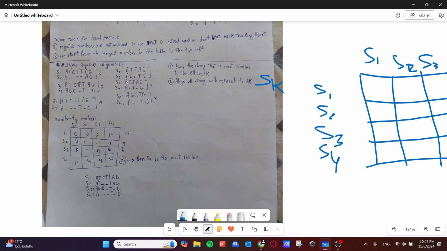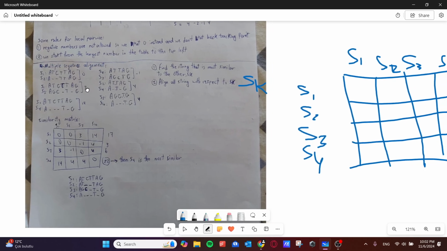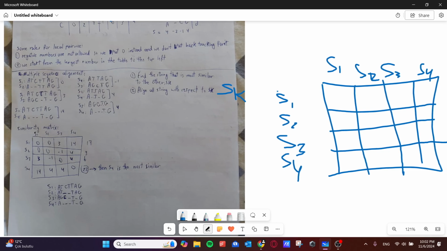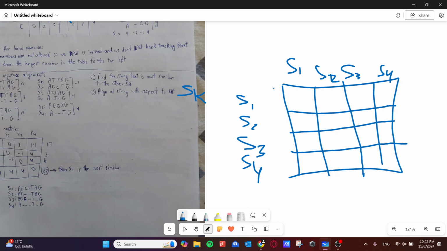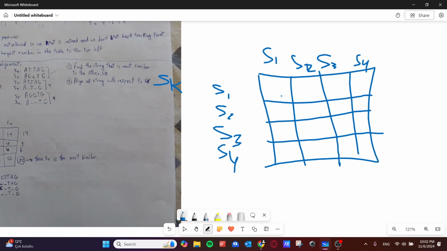Okay, so here, if you can see, these ones are given. So what is the alignment score for 1 and 2? First of all, we don't have alignment between the same strings. So between 1 and 1, 2 and 2, 3 and 3, they are all zeros.